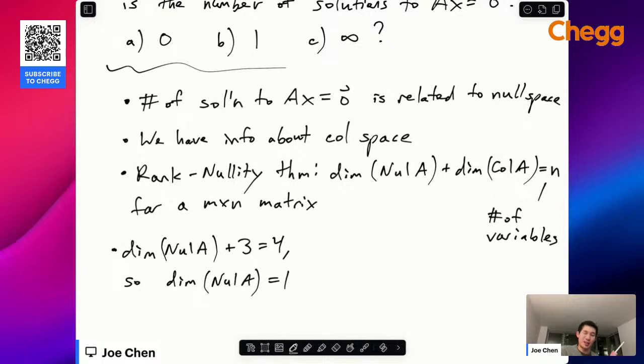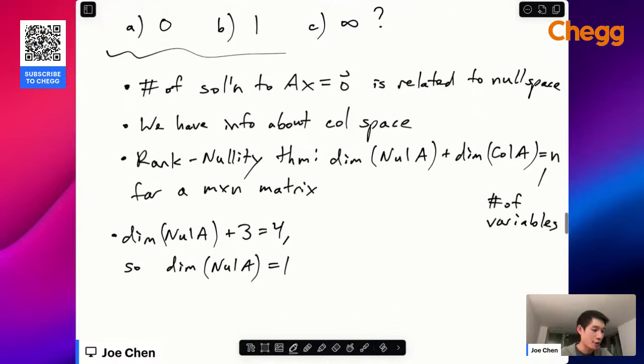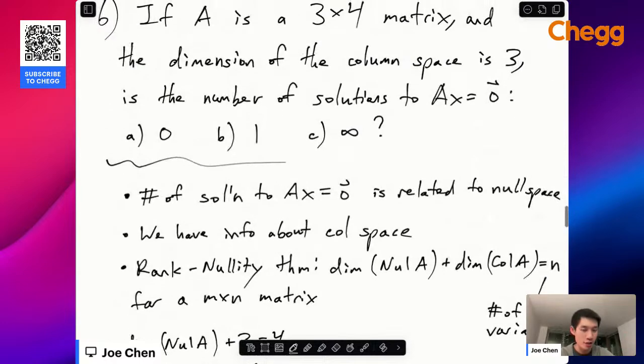And you also have to connect, what does that actually mean? How do we interpret that? That means that the null space itself is a whole line, which in particular means that you have a whole line of solutions. And so you'll have, in particular, infinite solutions.